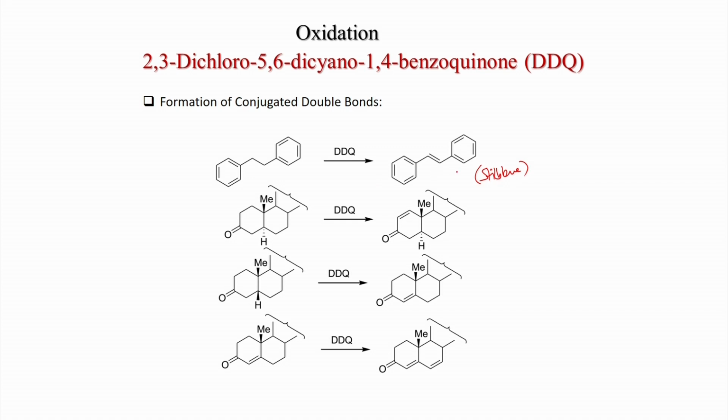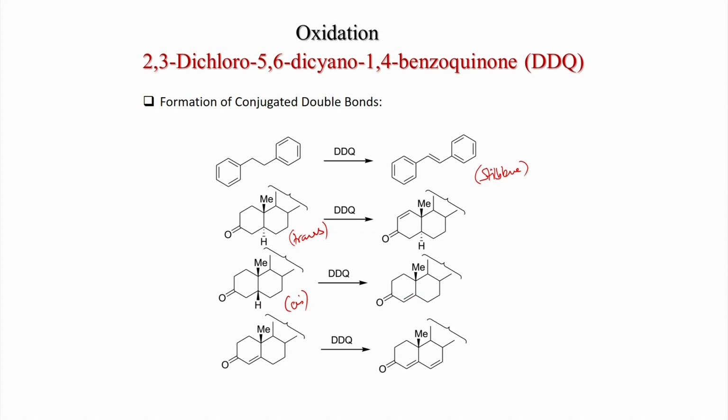So, DDQ generates the stilbene, and this is very interesting that if you have a trans steroid, so these are steroid compounds, this we will see the mechanism later also. In a trans system you get dehydrogenation from this side, and in a cis system you get dehydrogenation from this side.